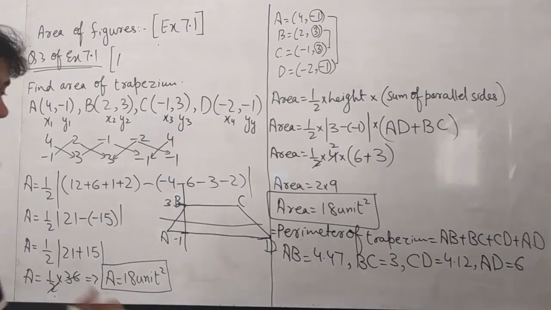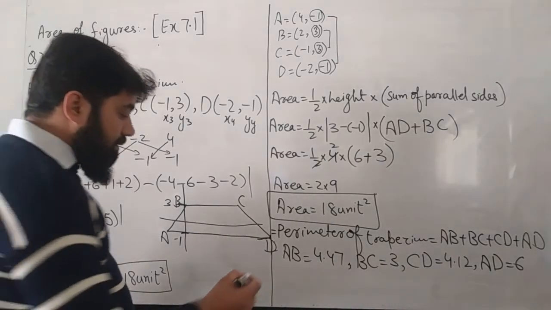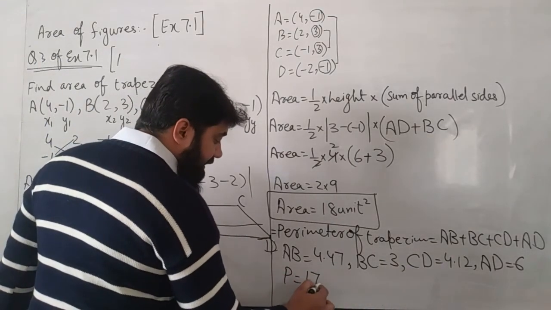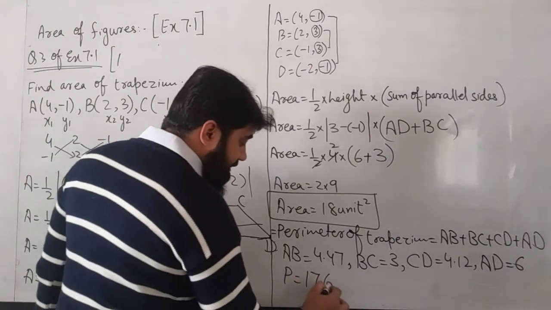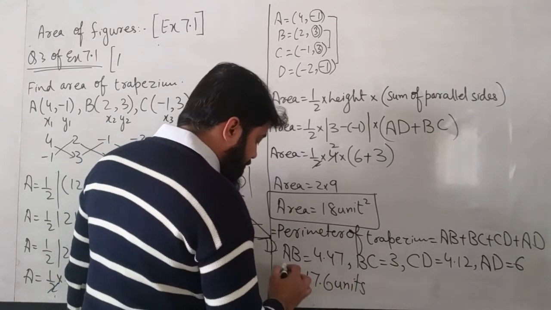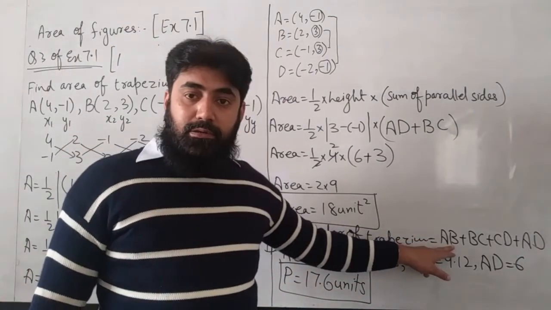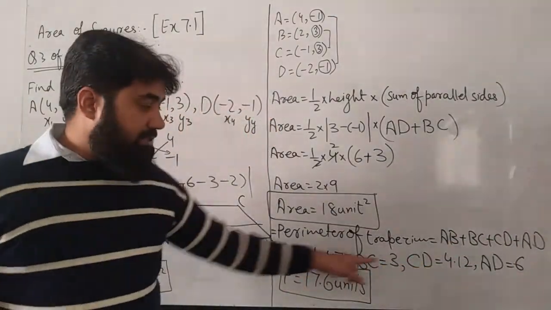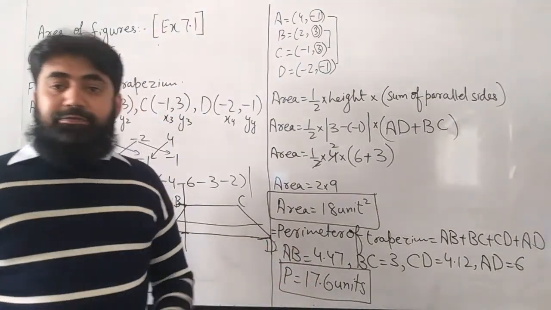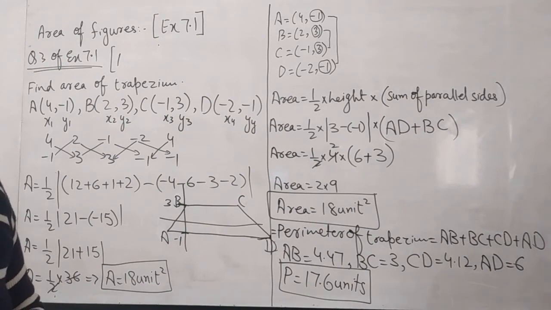When you add and simplify them, you will have your perimeter answer, which is coming 17.6 units. They have asked us to show that the perimeter is 17.6 units. So we found AB, BC, CD, AD by using the distance formula, you add them and the result is 17.6. So it means they have given us the right value of the perimeter.